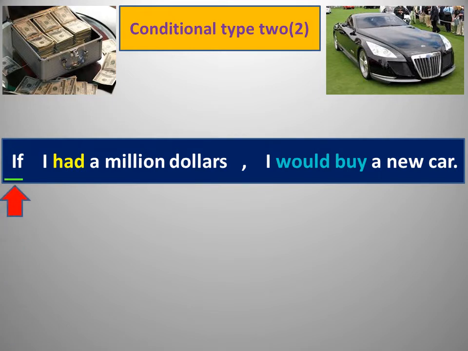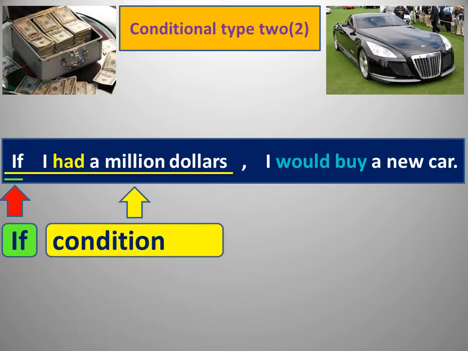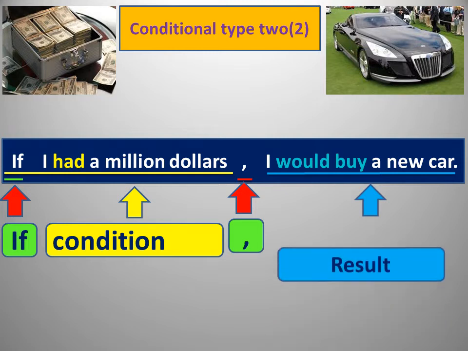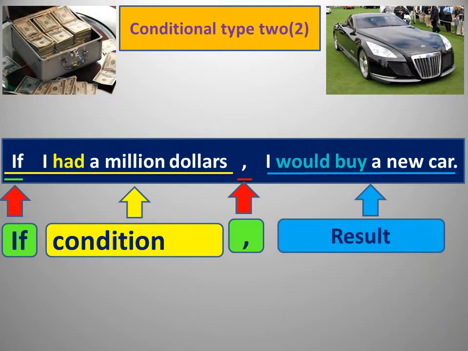Okay, again we have if, and we have if I had $1 million. It is the condition in this sentence. And we have a comma, I would buy a new car. I would buy a new car is the result in this sentence.